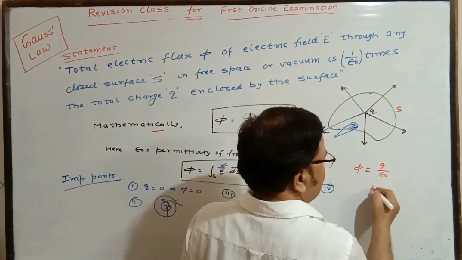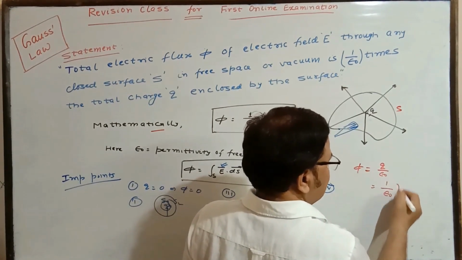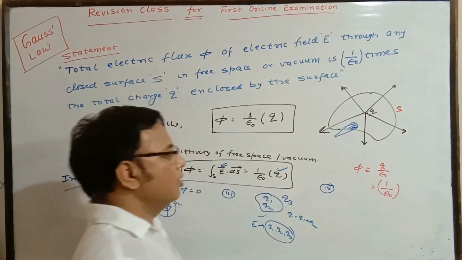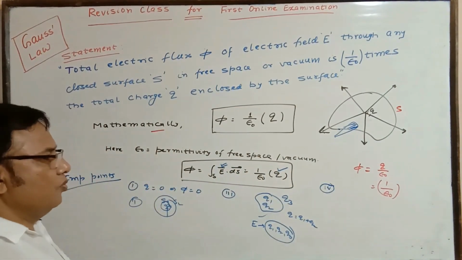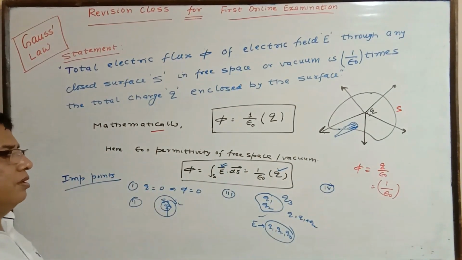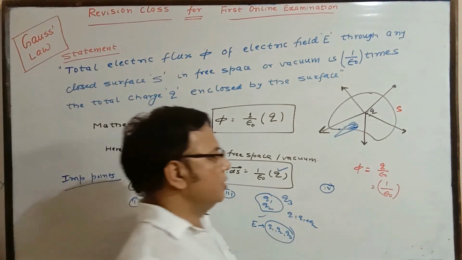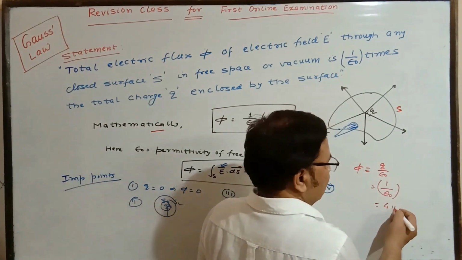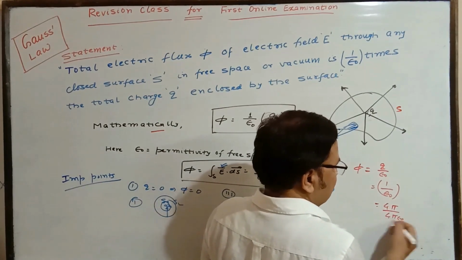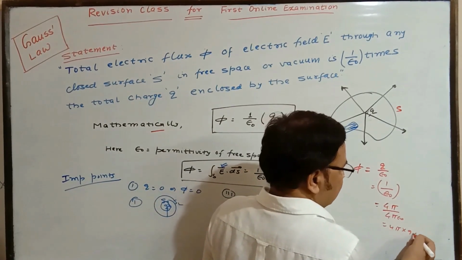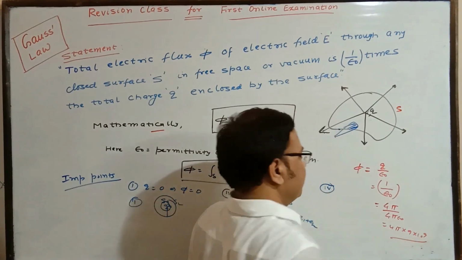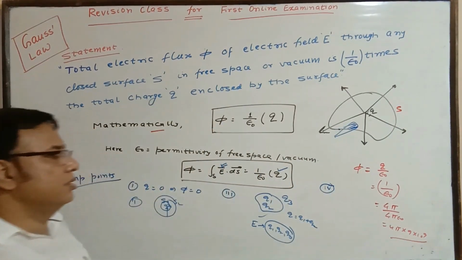In place of Q, you just put 1, and that many field lines come out through 1 coulomb of charge. It can be calculated by simply multiplying by 4 pi, so 4 pi divided by 4 pi epsilon naught, which is 4 pi into 9 into 10 to the power 9. These many lines are coming out through the enclosed surface.